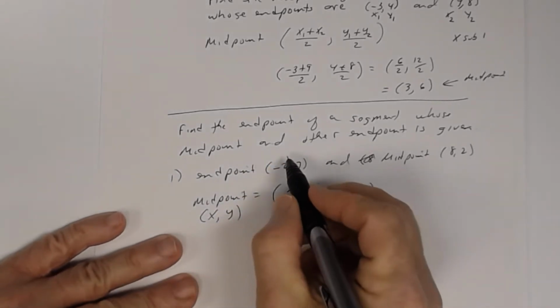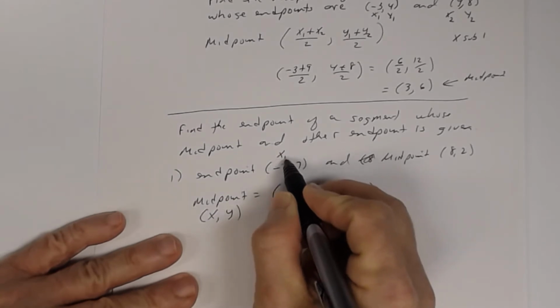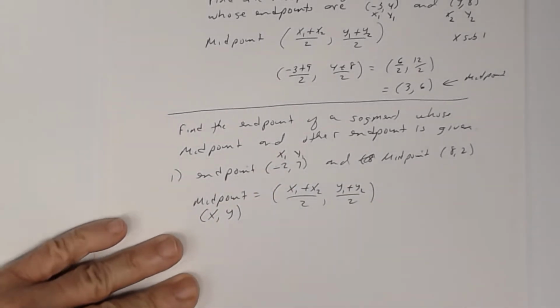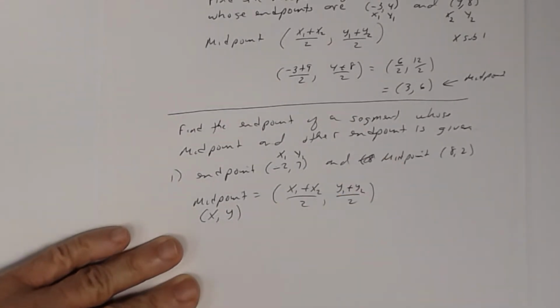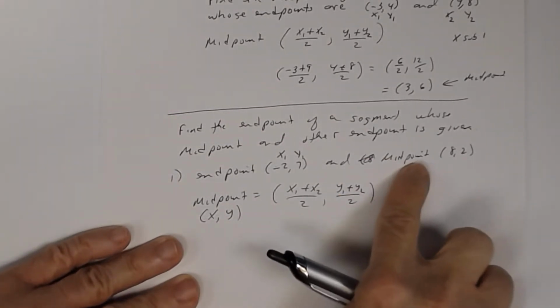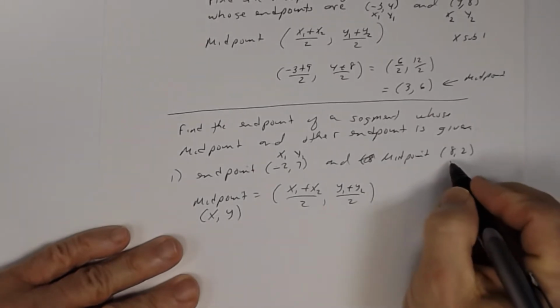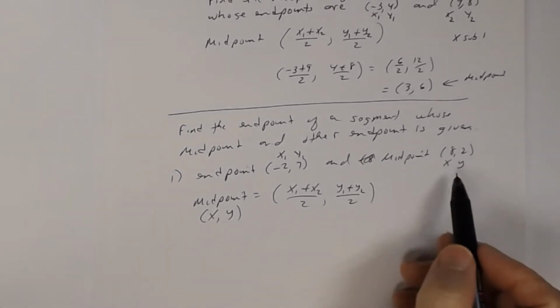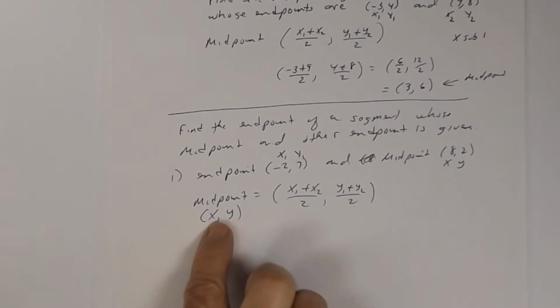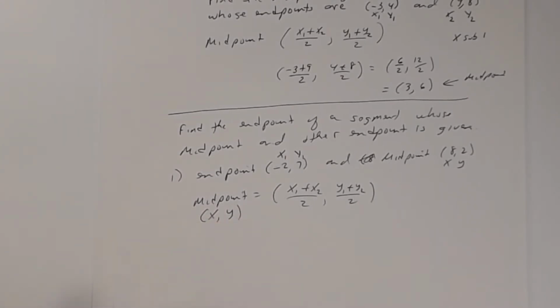So what I'm saying is this. Let's say this is x1 and this is y1. Let's say that's your first point. So what you're going to do is find your second endpoint. And let's call the midpoint (x, y). So x is going to be 8, y is going to be 2. Now listen carefully.